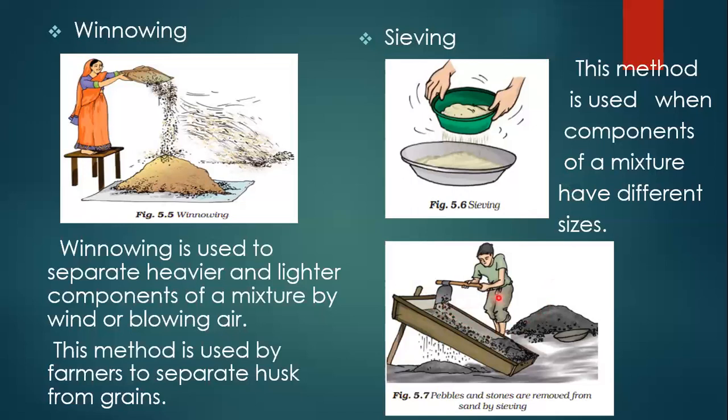The sand which is to be cleaned is added on this sieve, and the stones or clay particles remaining along with the sand are left over the sieve, and the fine sand passes through the sieve. So this is the sieving used at a construction site, and the earlier one is the sieving method used for cleaning flour.